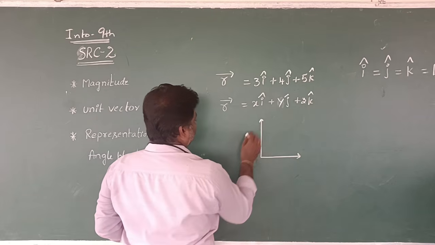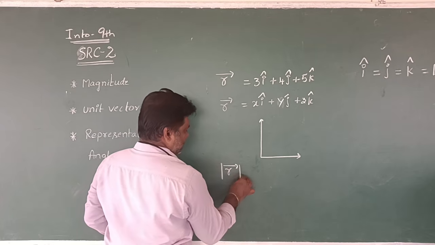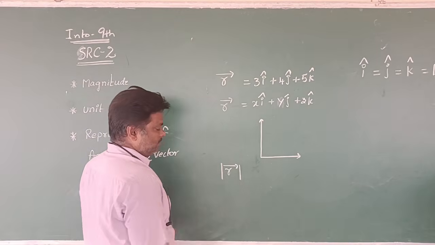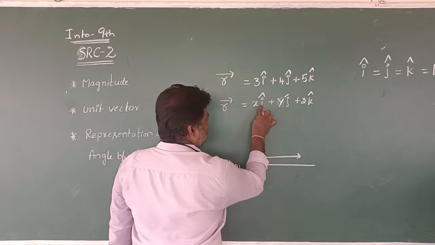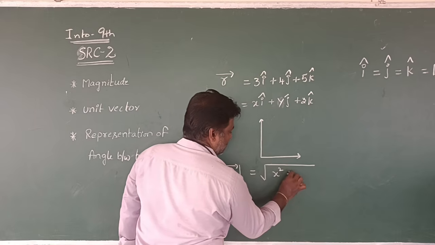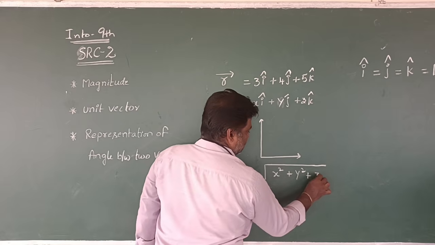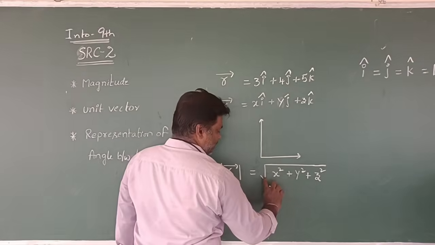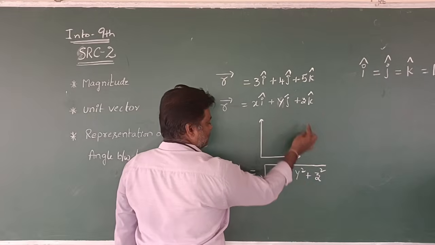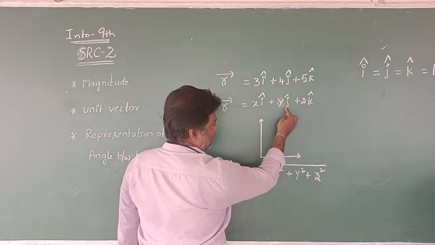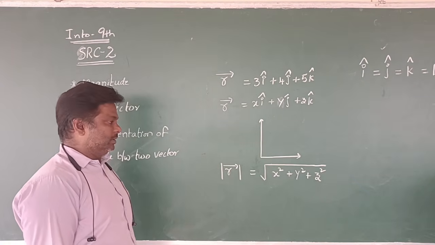Then the magnitude of this vector is represented like this, with vertical lines around r bar, and it equals the root of the i coefficient squared, x square, plus the j coefficient squared, y square, plus the k coefficient squared, z square. The sum of these three squares under the root gives you the magnitude of the given vector r bar.